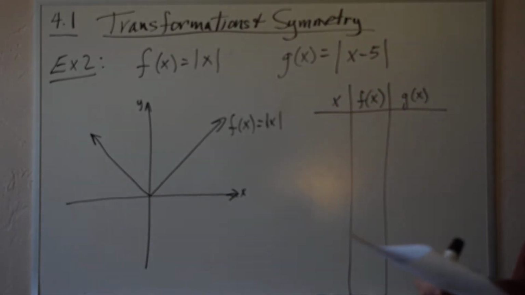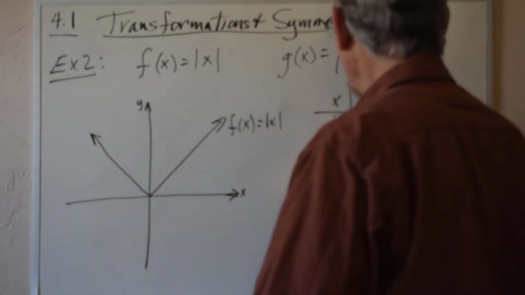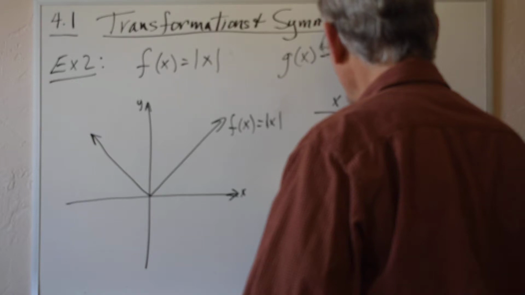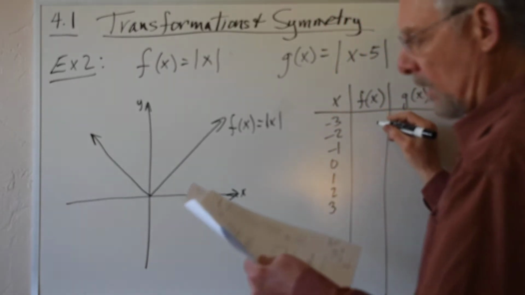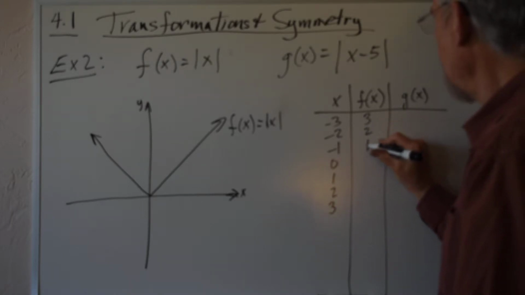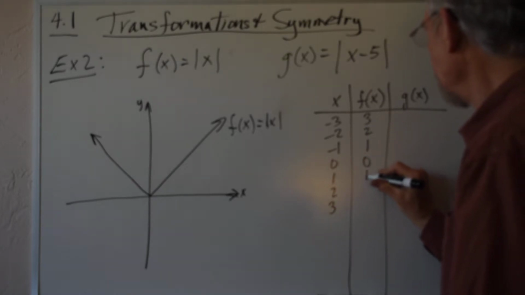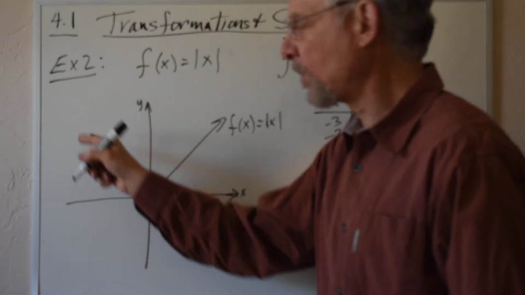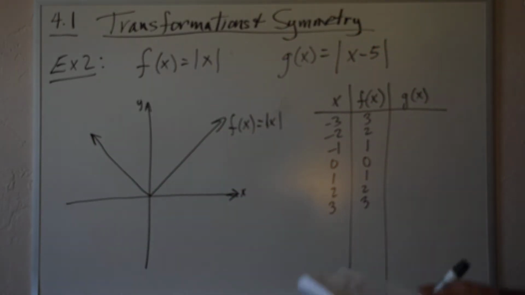Alright, so we'll pick the usual suspects for x. And we get the usual results for f of x. And all those points are plotted on that curve we already have up there.